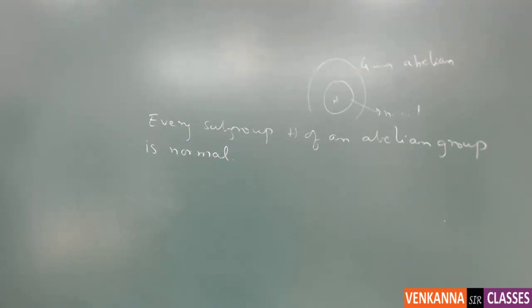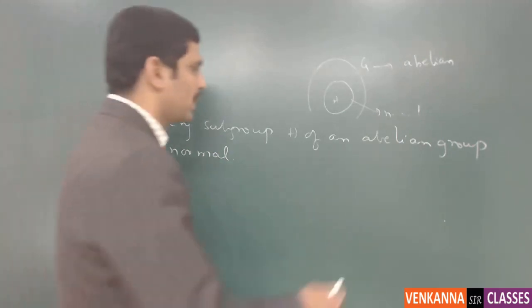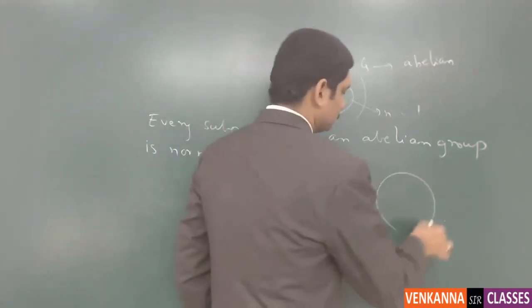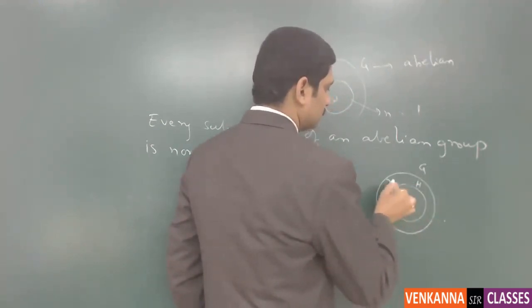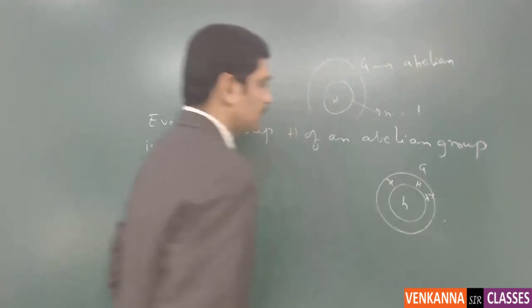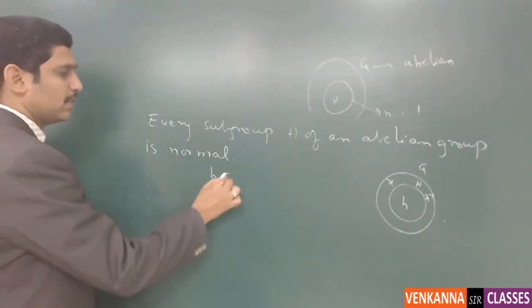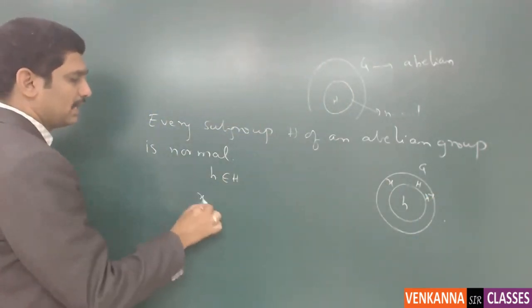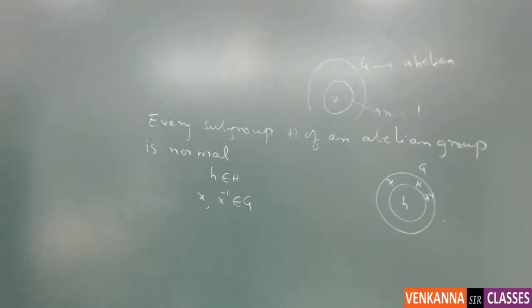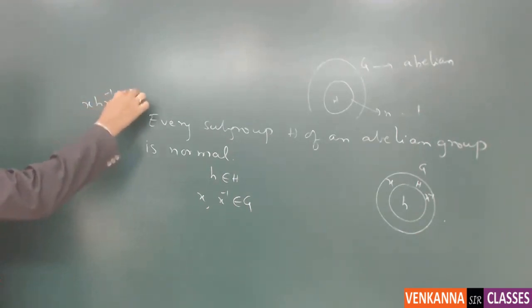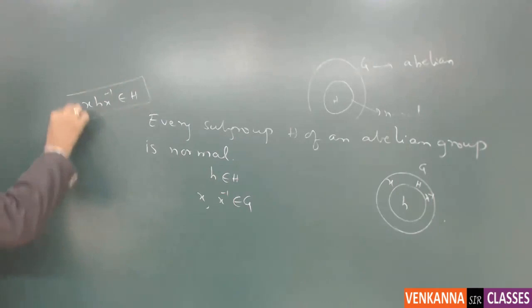Now let us discuss this. Take the usual diagram. I have taken h belongs to H and x belongs to G. Now I have to prove that x h x inverse belongs to H. This is my intention.